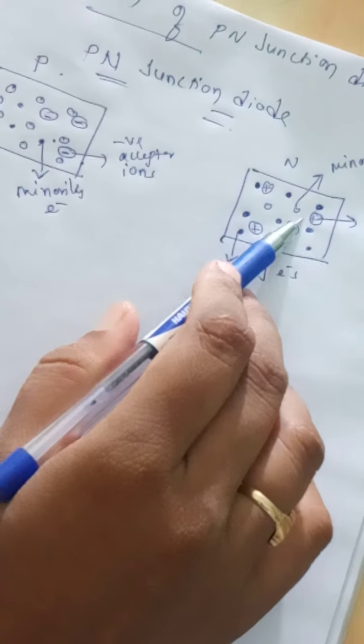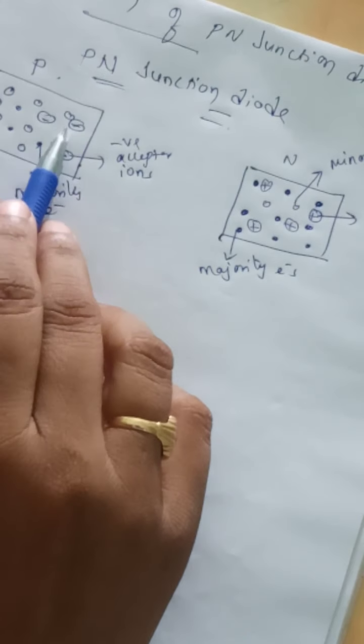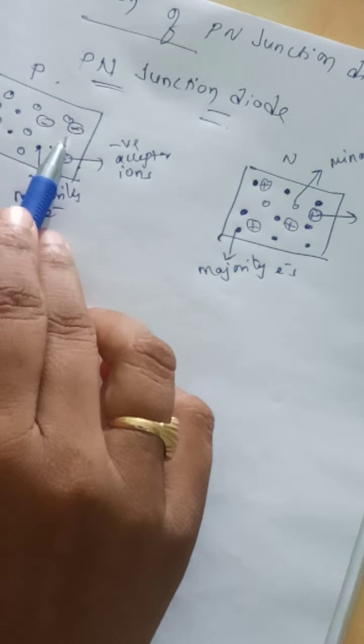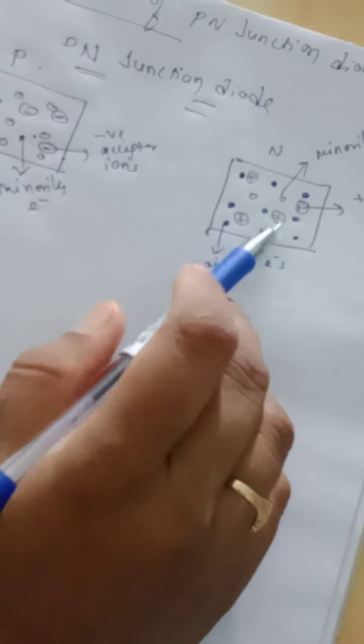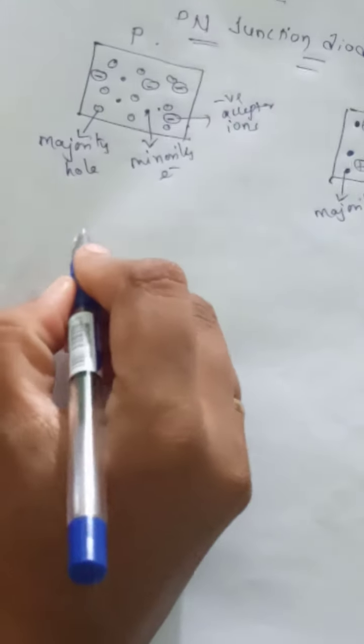So what we will do is take a piece of p-type and a piece of n-type. Now one half of the piece of p-type is joined with the other half of the piece of n-type.